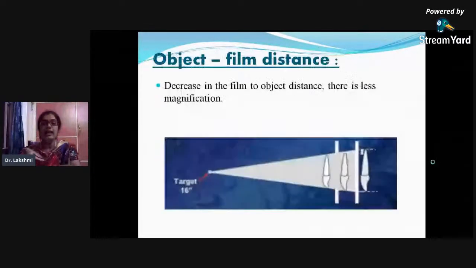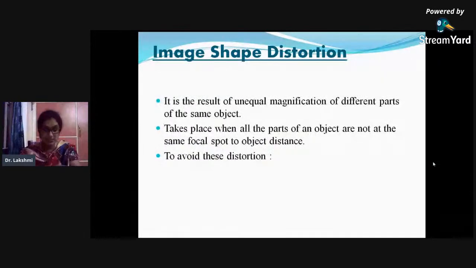Now, image shape distortion. This is also very important, because whenever we are imaging an area, whether to check normal anatomy or a pathological condition, the image should be as close as possible to the normal, that is an optimal radiograph.